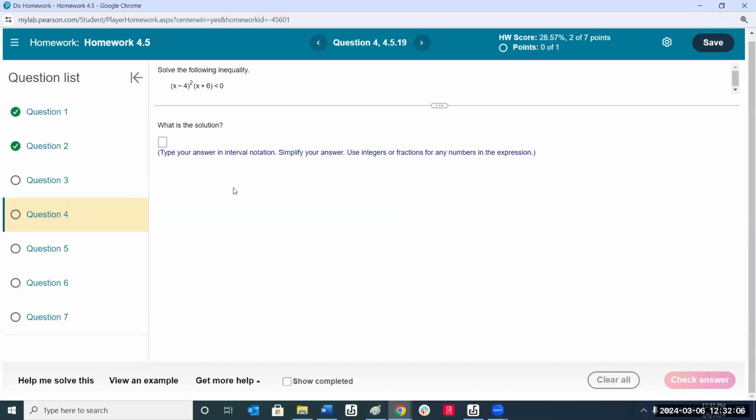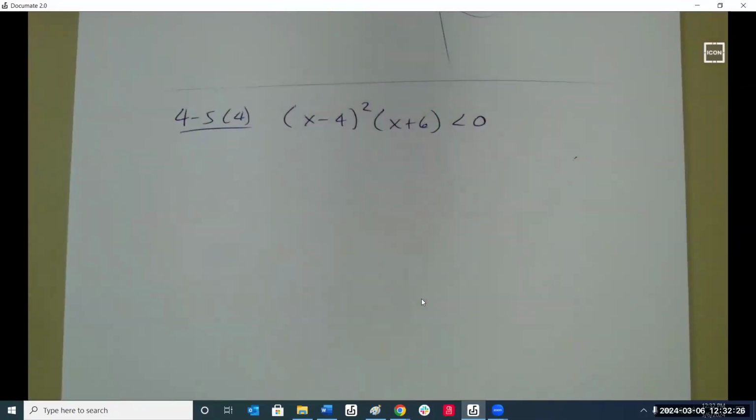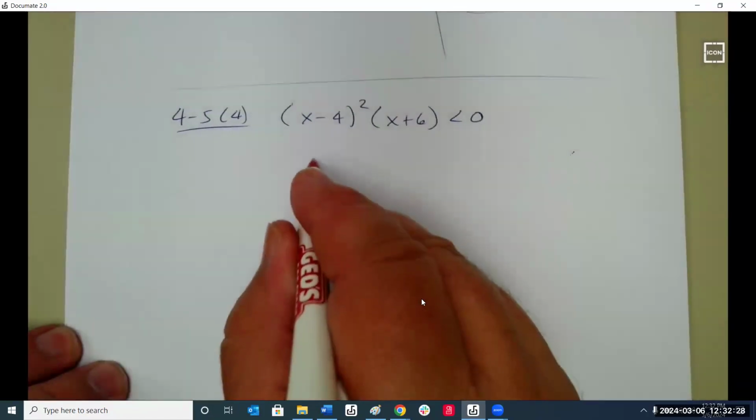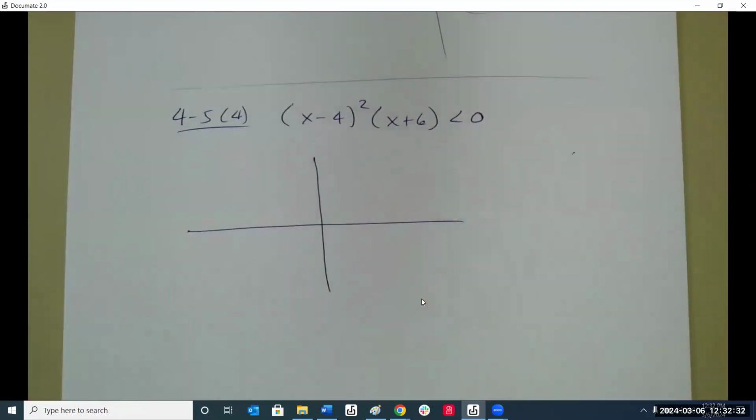Okay, so we have 4, 5, number 4. (x minus 4) squared times (x plus 6) is less than 0. What is the solution set? How would you graph that? To graph it, what do we need to know?